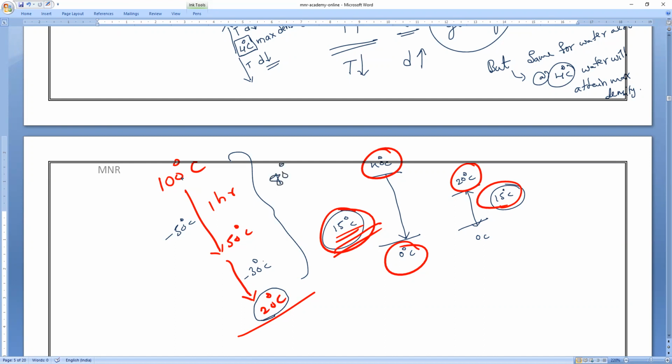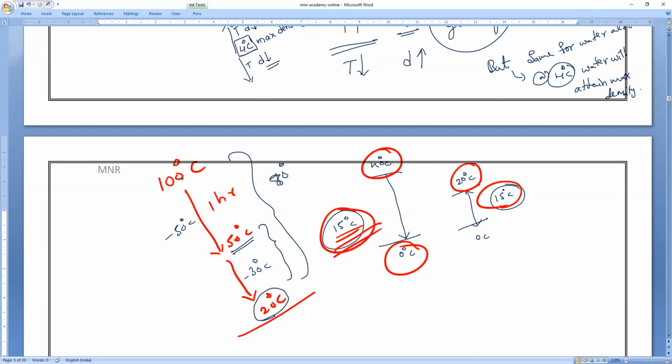Temperature difference is more, so the exchange of heat energy will be faster. Once the temperature comes to 50, the difference between 50 and 20 is very small. So it will take more time to exchange the heat, because the temperature difference is less, so the particles' kinetic energy is also less.